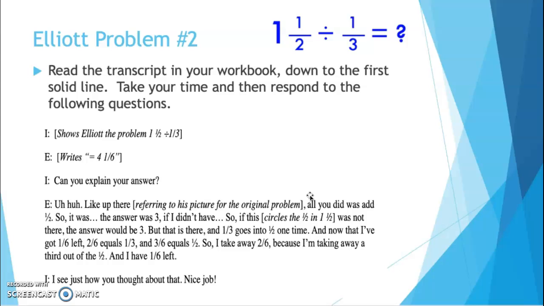And 1/3 goes into 1/2 one time. And now that I've got 1/6 left, 2/6 equals 1/3, and 3/6 equals a half. So I can take away 2/6 because I'm taking away 1/3 out of the half. And I have 1/6 left. The teacher responds, "I see just how you thought about that.